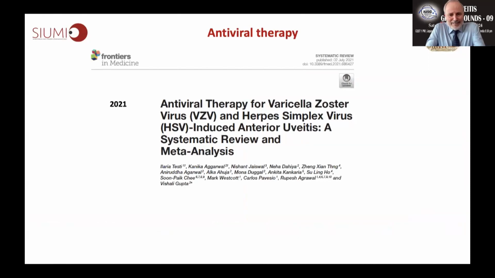So the question is: is there any systematic review and meta-analysis that can help us decide when and with what drugs we can approach our herpetic infection?